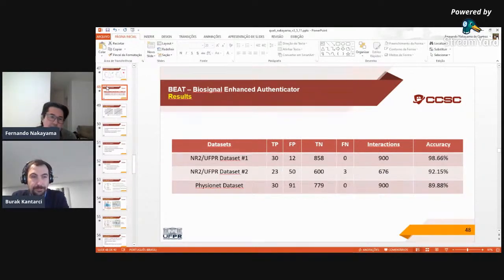So that is the main issue we had. So I really believe that with a different biosignal, maybe the authentication accuracy could be more linear considering any data set.